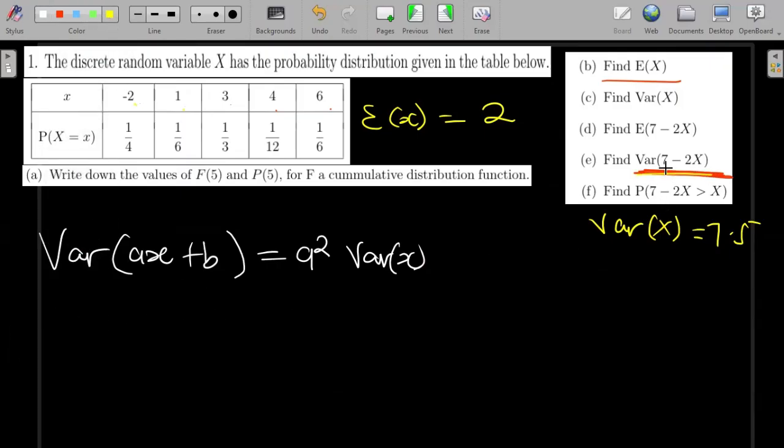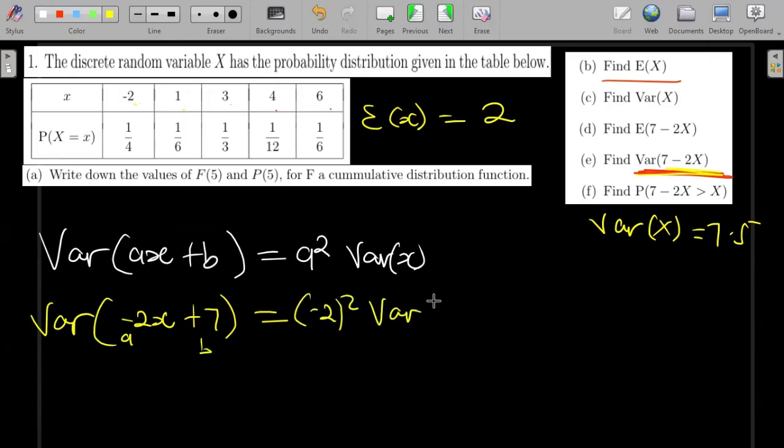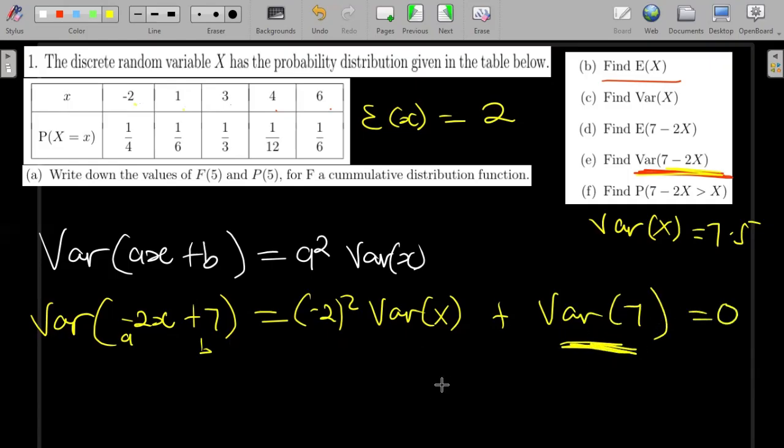So I'm going to write this one in this form. I'm going to say the variance of minus 2x plus 7. This one is the b, this one is the a. So let's square the a, which is minus 2 squared, times the variance of x, and then plus the variance of 7. The variance of a constant is always 0.